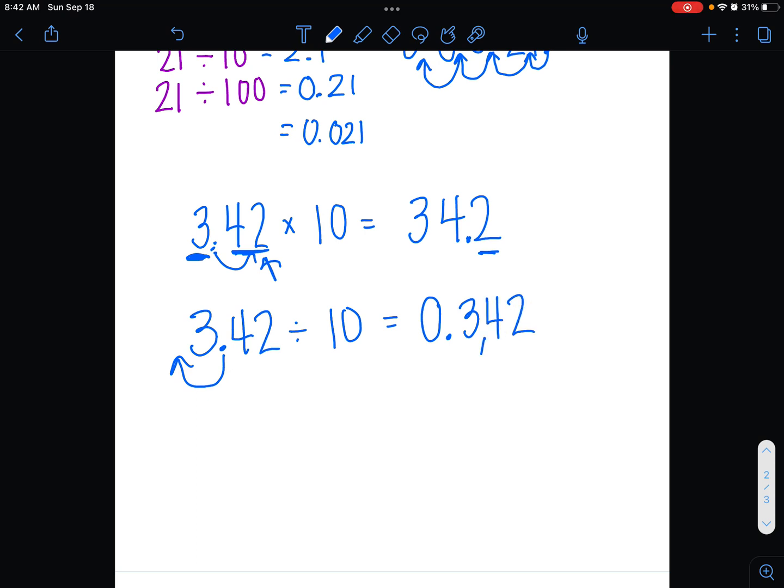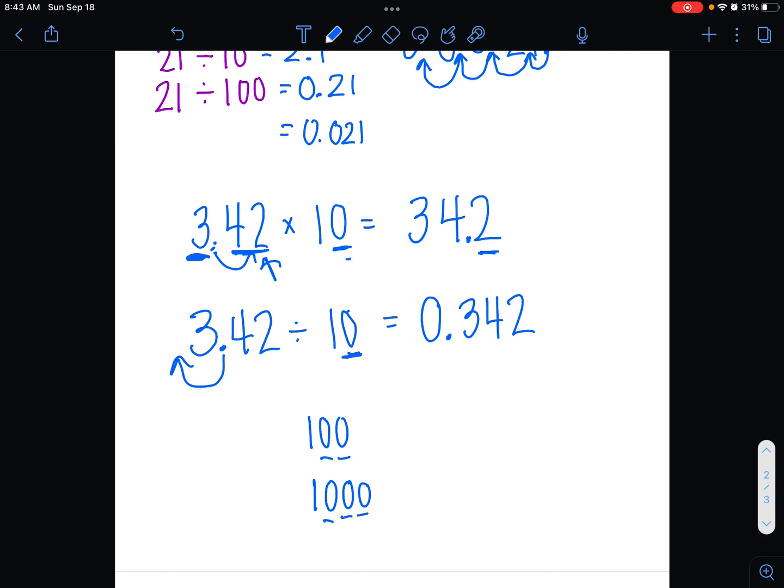We've moved it from here to there, changing that place value. So if we're multiplying or dividing by ones, tens, hundreds, we move it however many zeros we have. So 10, we move it once. 100, we move it twice. If it was 1,000, we would move the decimal 3 times.